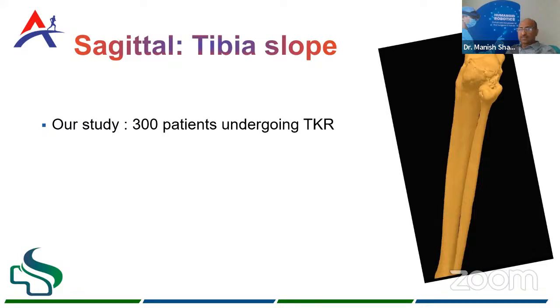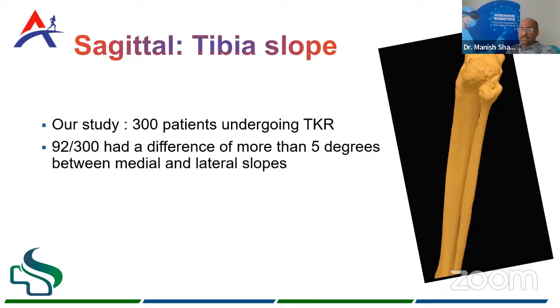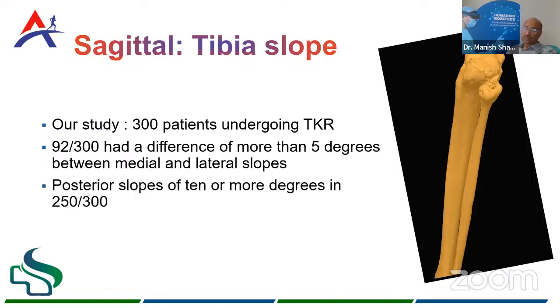In our study of 300 patients undergoing TKR, almost 1 in 3 had a difference of more than 5 degrees between medial and lateral slope. Posterior slopes of 10 or more degrees in more than 3/4 of the patients. And more importantly, many of our patients have a lateral slope which is more than the medial slope.